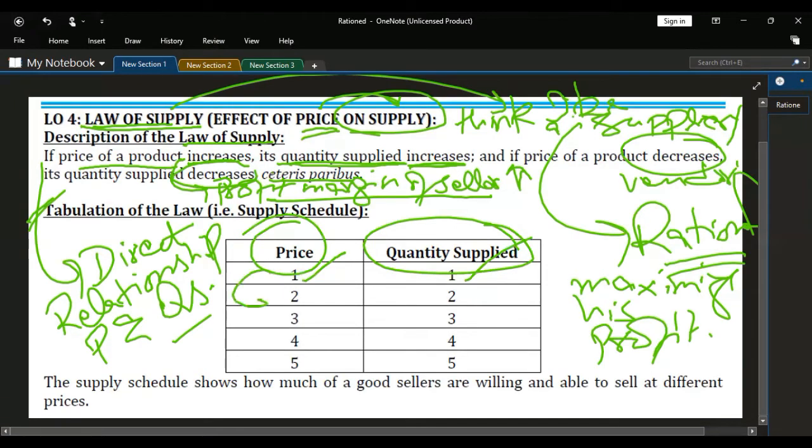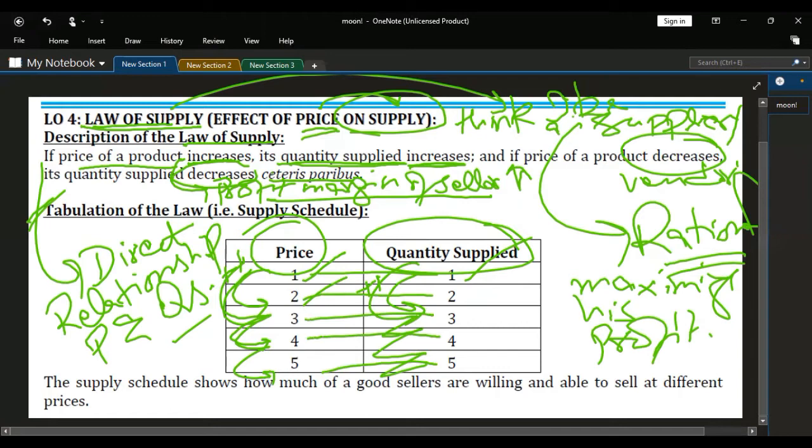If price increased by 1 point, then quantity supplied also increased by 1 point. Similarly, such gradual increase is present at both levels where there is the same increase in the price and quantity supplied because there is a direct relationship between price and quantity supplied.